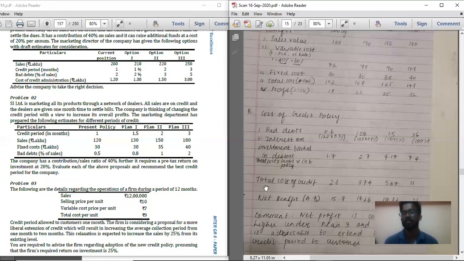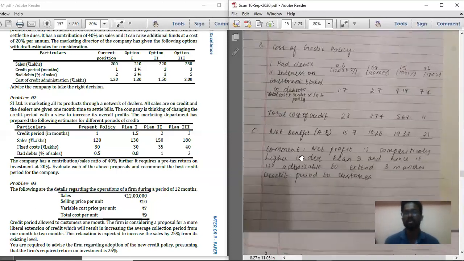And 1.04 plus 2.7, 3.74. And 1.5 plus 4.17, that is 5.67. And 3.6 plus 7.4, that is 11. So the total cost of credit is 2.3, 3.74, 5.67 and 11.